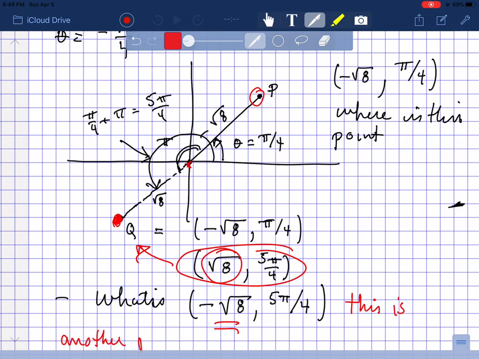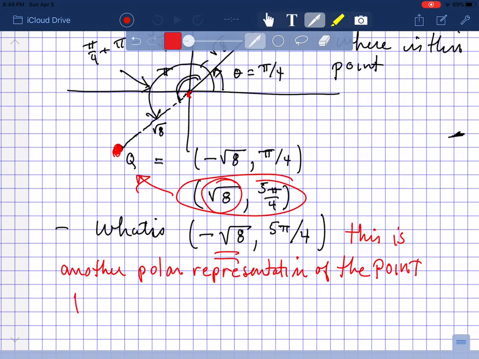This is another polar representation of the point P. So what we find is, unlike Cartesian coordinates, where when one specifies the coordinates of a point, those coordinates uniquely specify the point.